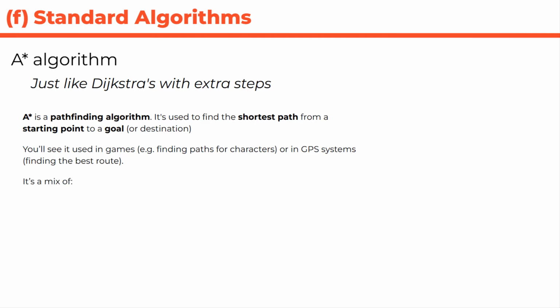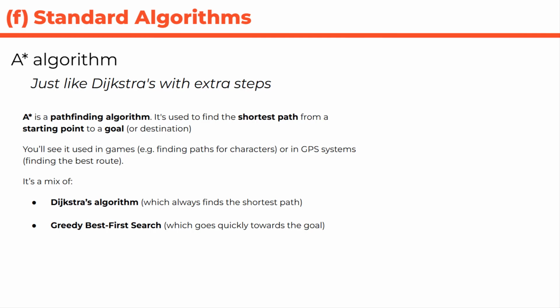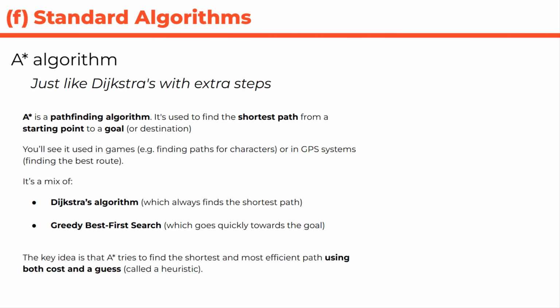Now, when you look at the A-star algorithm and break it down, it's just a mix of Dijkstra's, like I've already said, and something called a greedy best first search, which goes quickly towards a goal. So if you imagine drawing a line from A to B, and that line's the fastest route, or as the crow flies, as we say, so the most direct route without any obstacles, then we use that line to basically sway our algorithm to get to the destination.